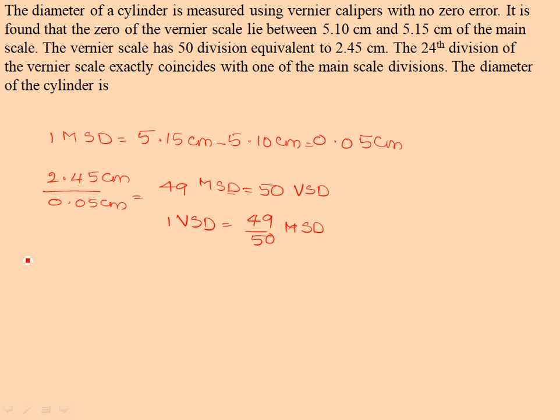So once you know this, then you can identify the least count. The least count is nothing but 1 MSD minus 1 VSD, that will be equal to 1 MSD minus 49 by 50 MSD, or this will be equal to 1 by 50 of MSD, or 1 by 50 into 1 MSD, it is 0.05 centimeters.